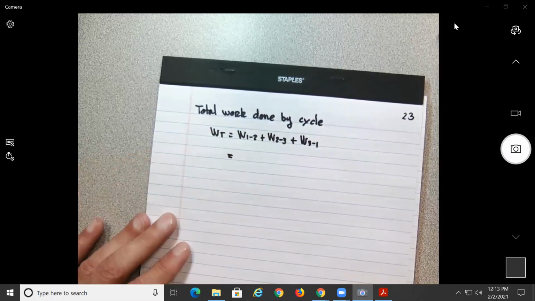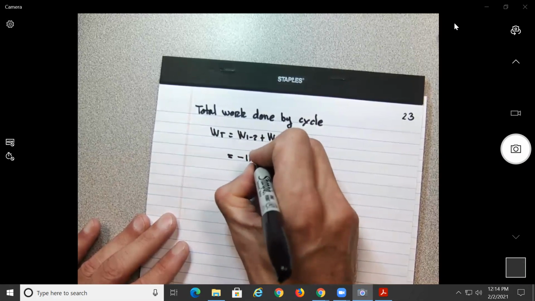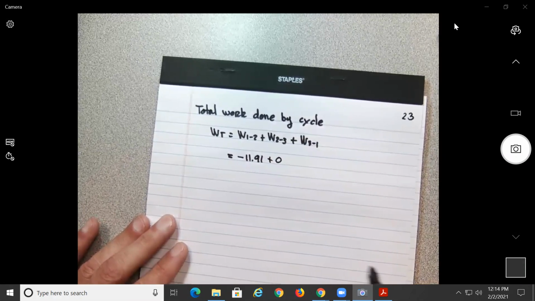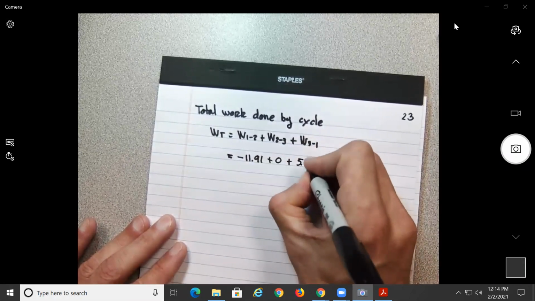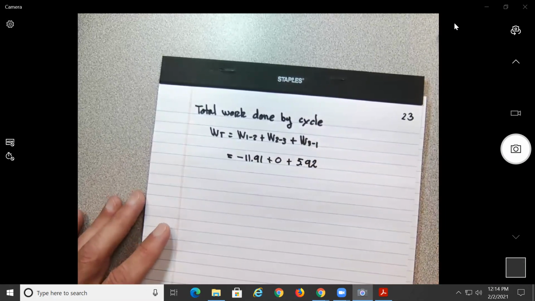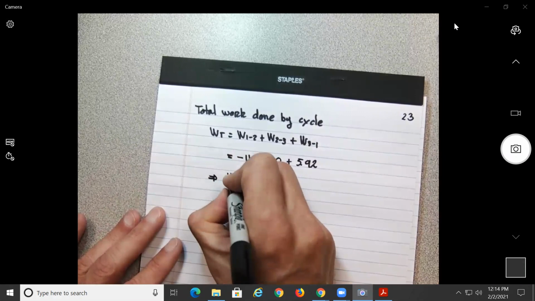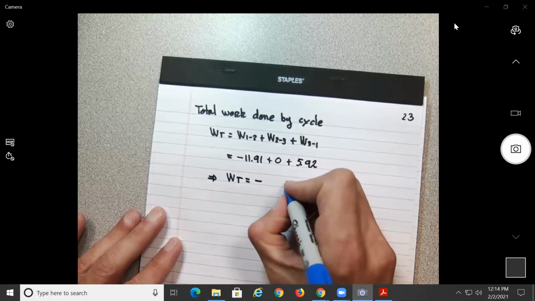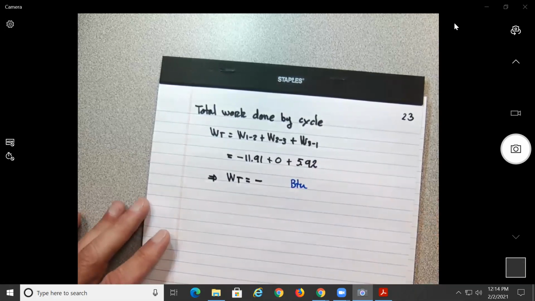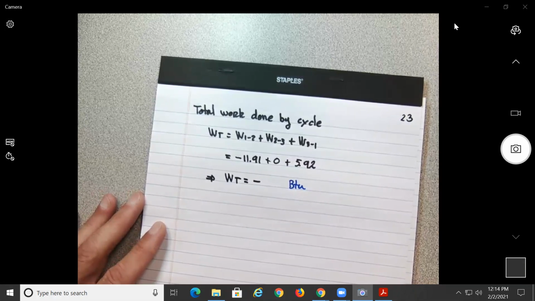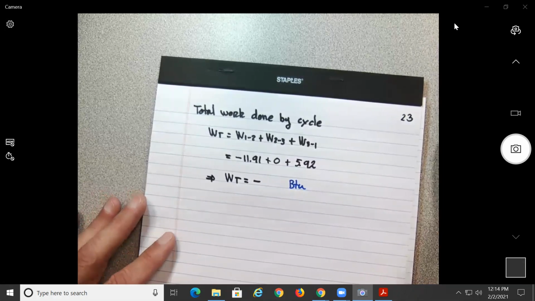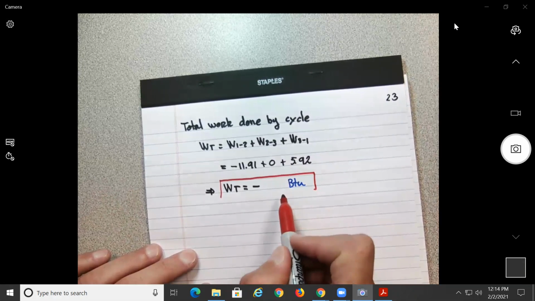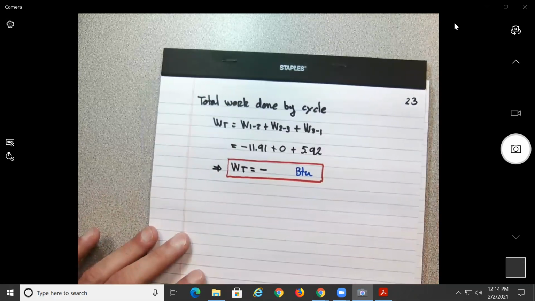So, we just need to go. Work 1-2 was minus 11.91 plus 0, and work 3-1 was plus 5.92. Oh, so it's not going to be that complicated. So the total work would be what, 6.01? 5.99? Okay, I did it on the first. So 5.99, yeah.